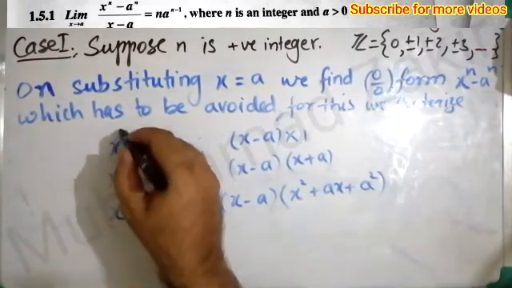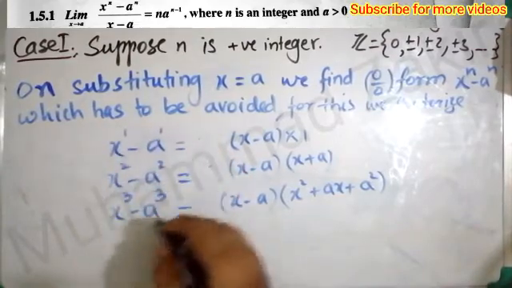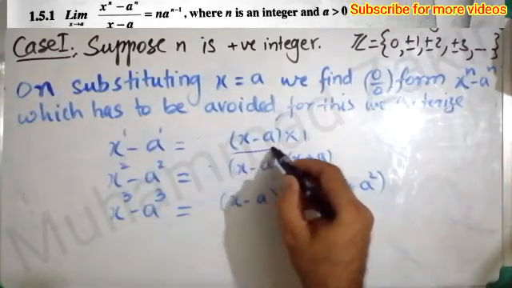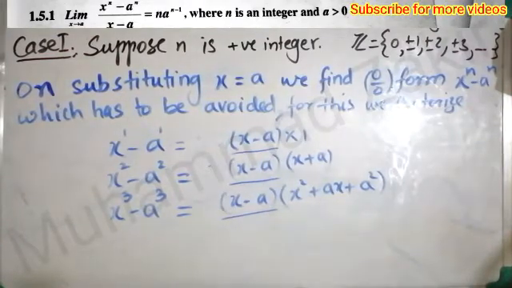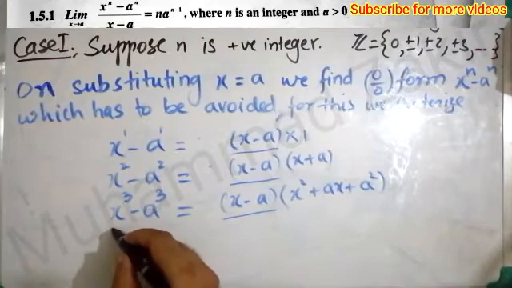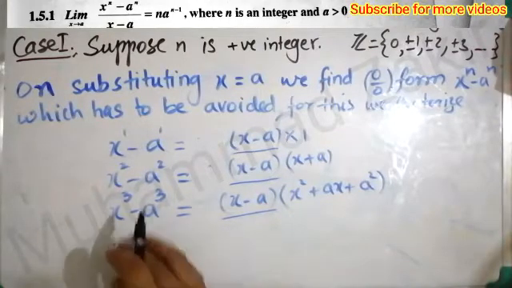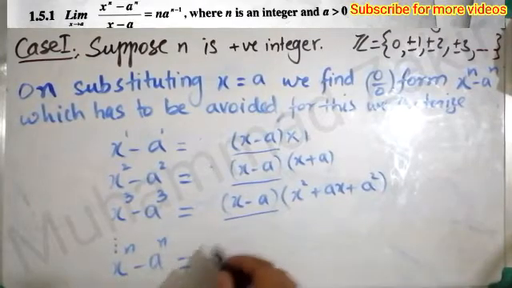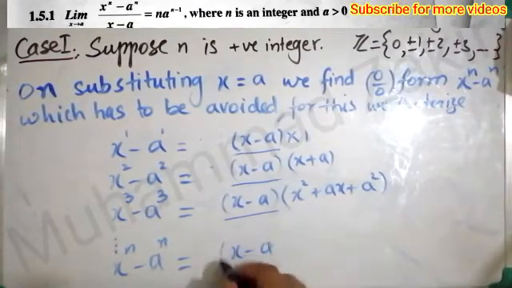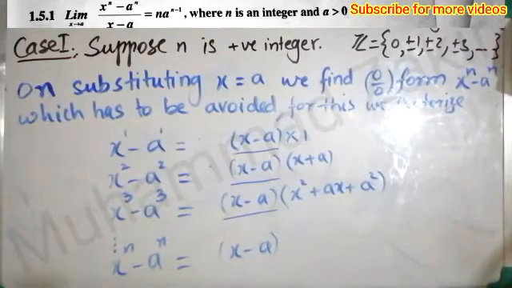So with power 1, with power 2, with power 3, we can see that x minus a is a factor. So by proceeding like this, if we generalize, x^n minus a^n will also have a factor x minus a, and with it we will have another factor.